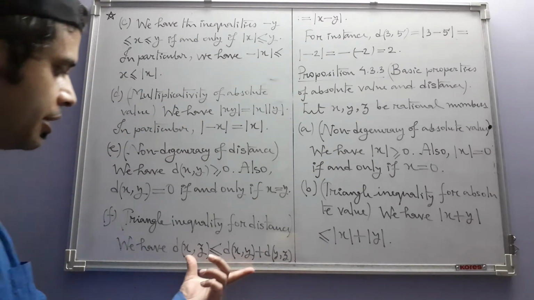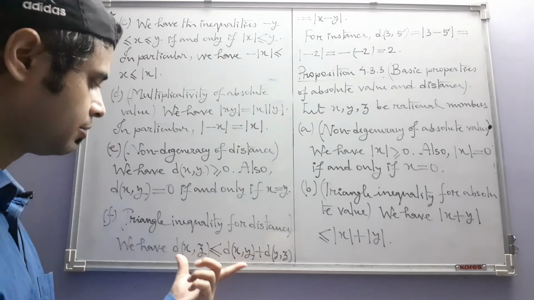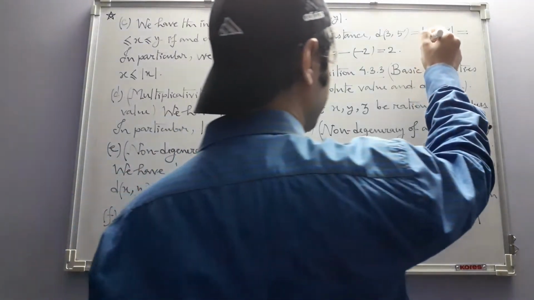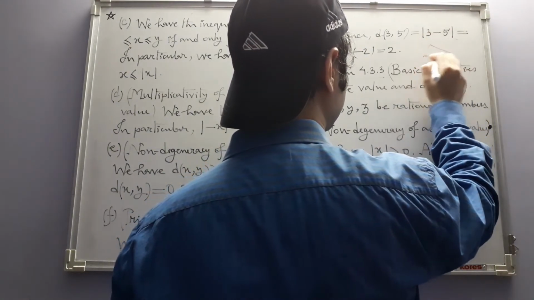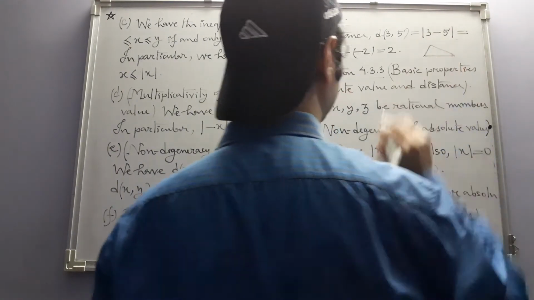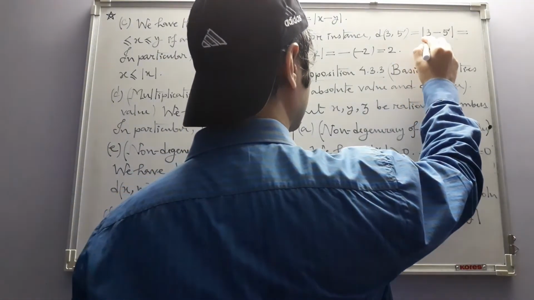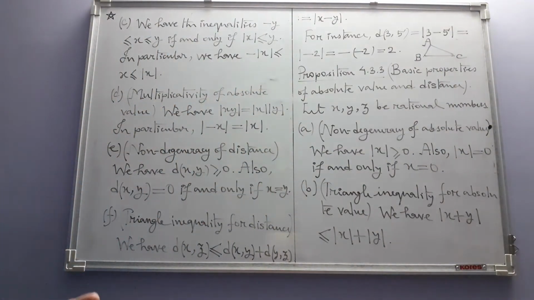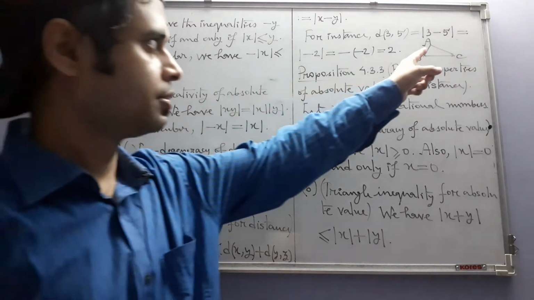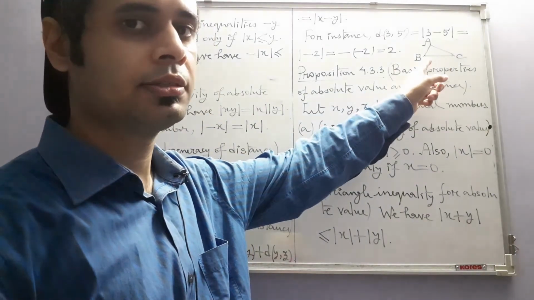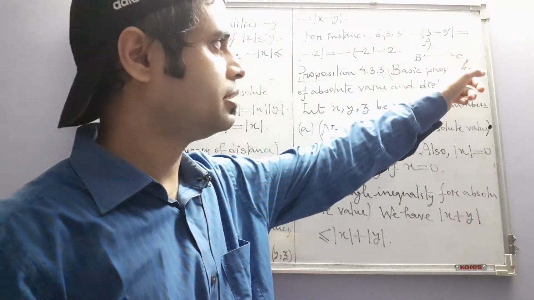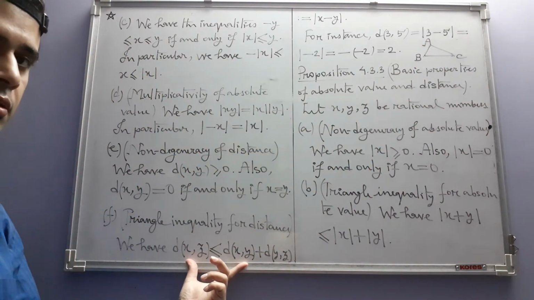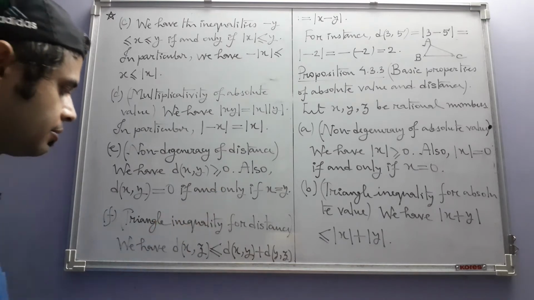In fact, this may tell us how the name triangle inequality actually arises. If you have a triangle like this, a plane triangle, suppose you have ABC, the property that tells us that, say, length of AB is less than the length of BC plus length of AC actually gives us this in this particular case.